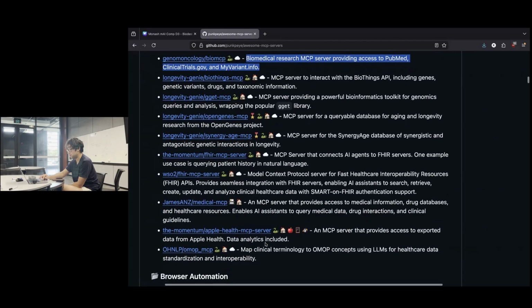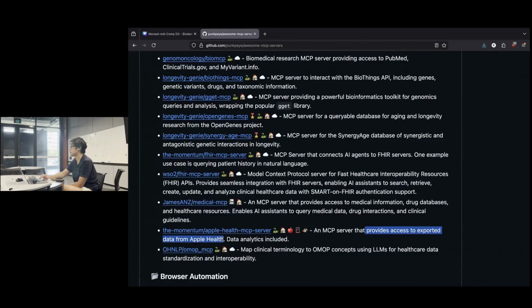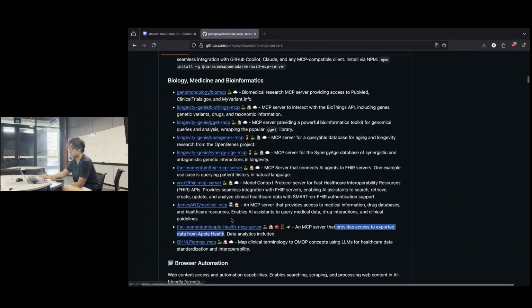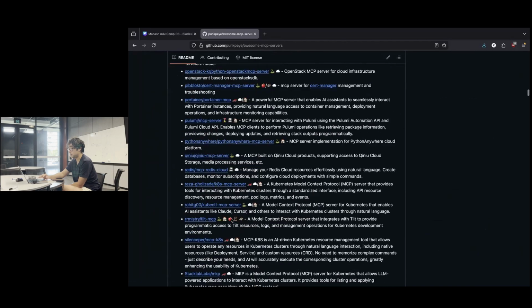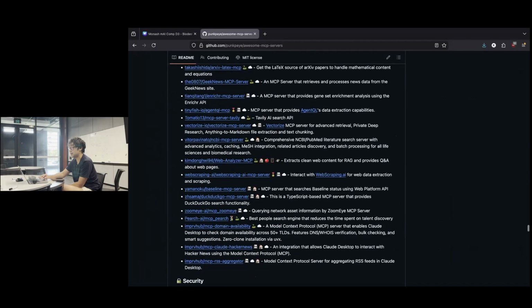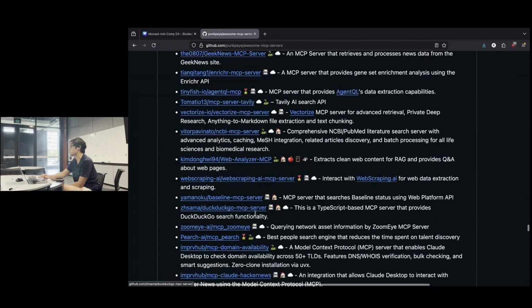If you want to provide AI access to exported data from Apple Health, like from an Apple Watch, and do something cool there, you would use this MCP server. So there are lots of cool MCP servers, and I think there are thousands of them now. This all basically provides AI tools to interact with the real world or interact with existing APIs in some way.